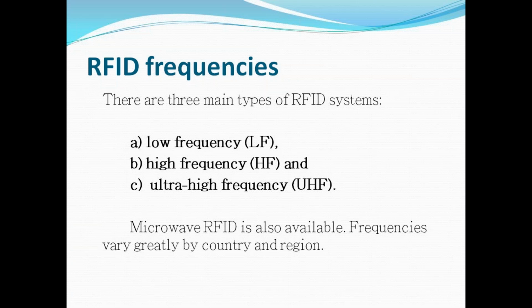Then the microwave RFID can transmit up to 20 meters to 200 meters. It depends. When you use microwave RFID, we can adjust the frequency and we can adjust the active distance.